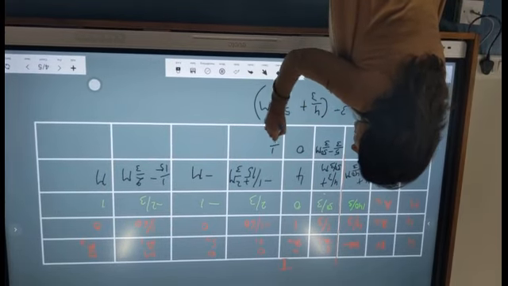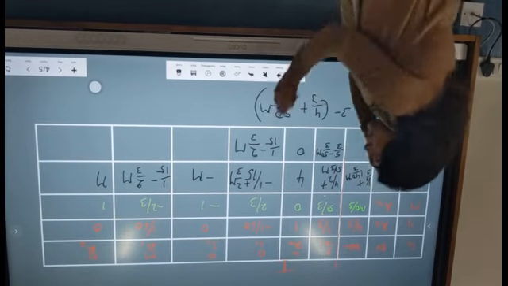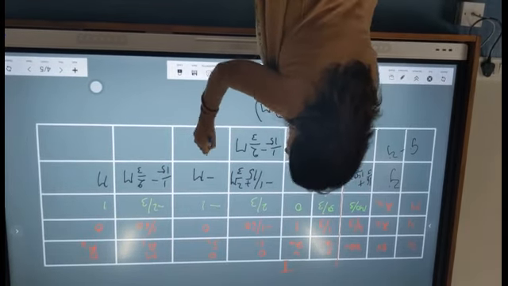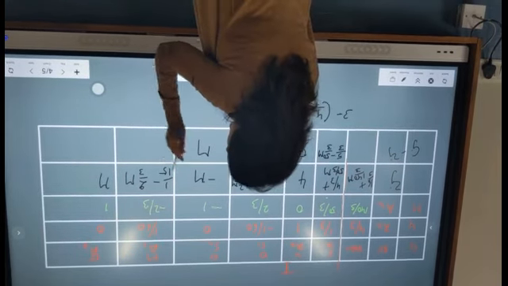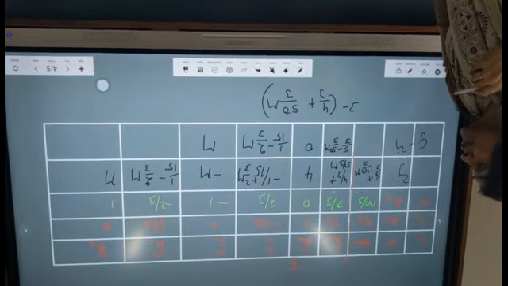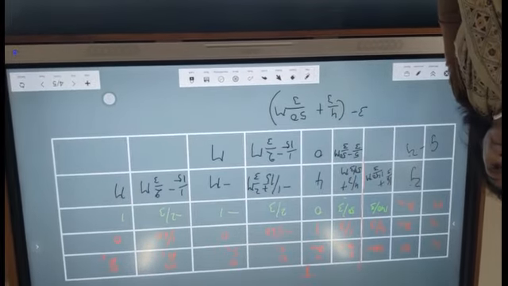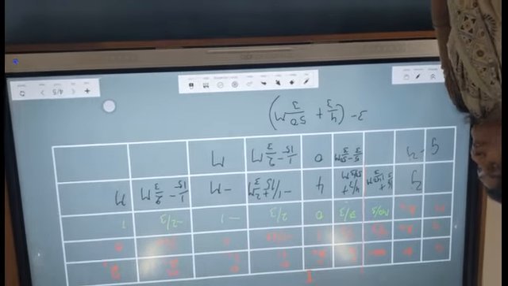This would be 1 by 15 minus 2 by 3 m. This would be m. Minus 1 by 15 plus 5 by 3 m.